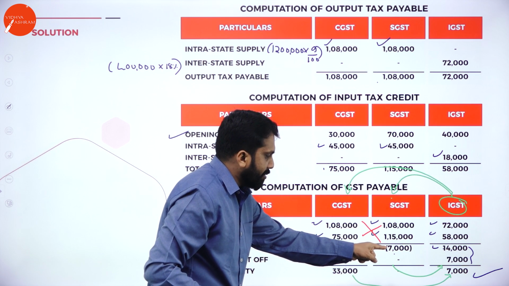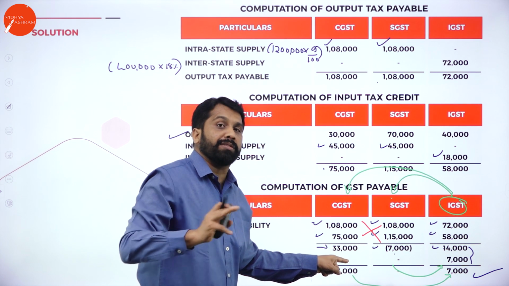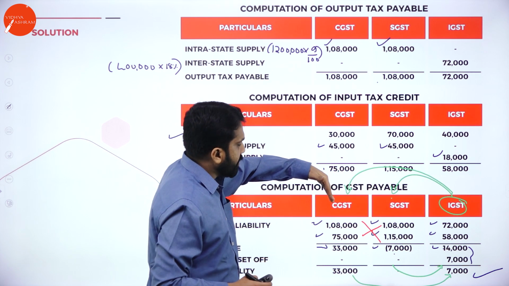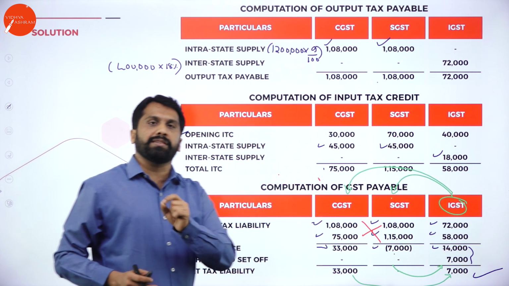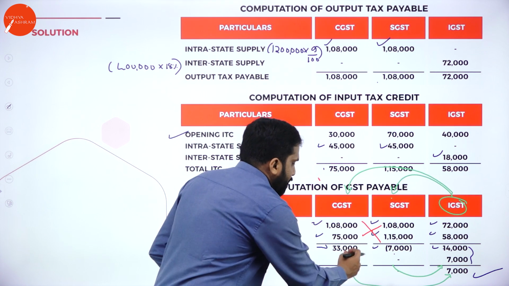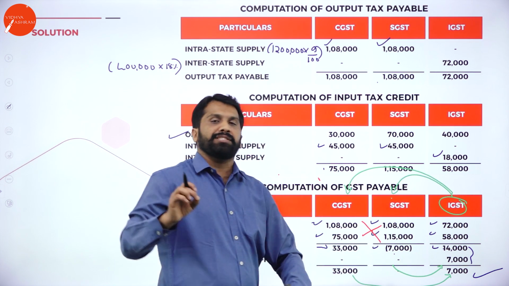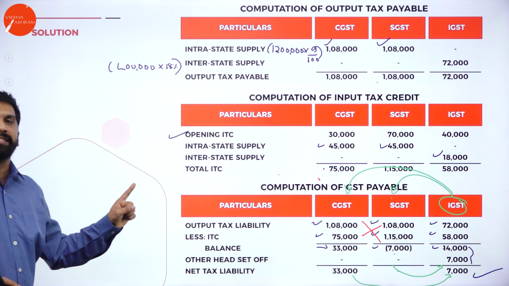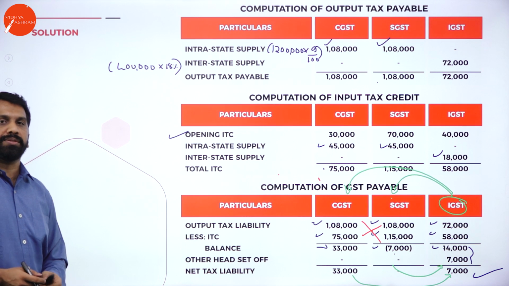He has 7,000, this 7,000 this fellow cannot take. Why? Because there is no internal transaction between CGST and SGST. Clear? Yes. Remember this graph. There is no helping of these two, CGST and SGST. This is the only concept of your input tax credit. Hope you understood.